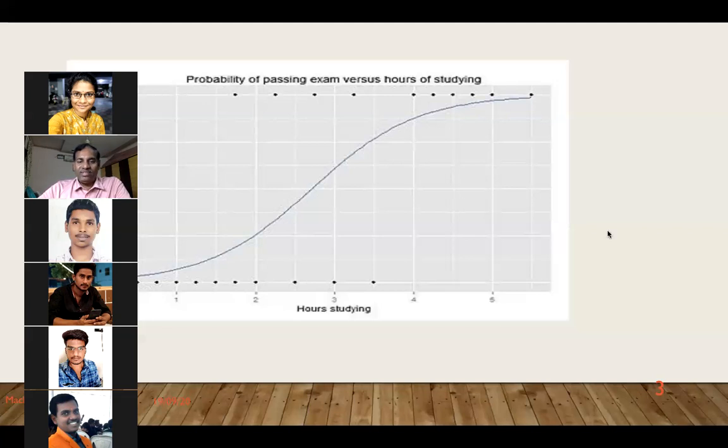So when we want to predict based on hours of study, this is not linear. Let's see, we can write something: the probability of passing is some function of the hours of study, but it is not a linear function, as we have seen here. When we plot it, we see that it is not a linear function. The steepness depends on different things.